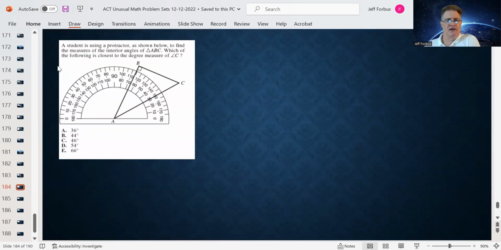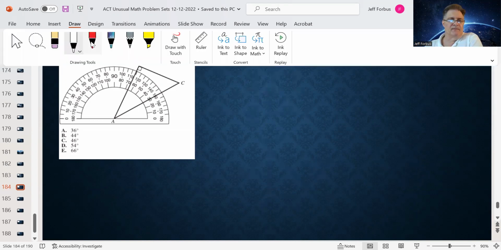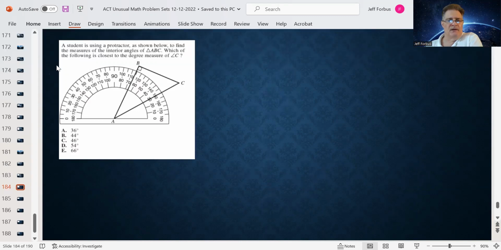Okay. So they want to know which of the following is closest to the degree measure of angle C. So we're looking for C. I'm going to change my pen color, make it red, and write on the figure here. So we know that AC makes an angle here of 30 degrees.